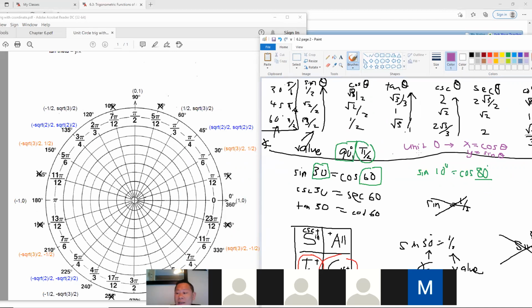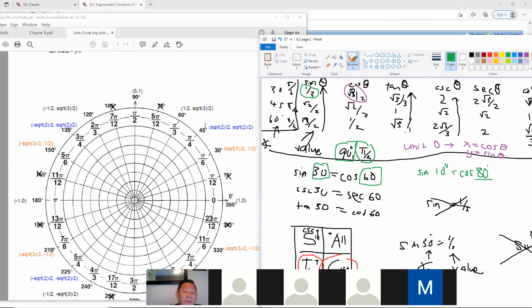The x value is always cosine. If you look at this table, cosine 30 degrees is √3/2, so that's why √3/2 is on here. And the y value is your sine theta, which is 1/2. So the 30 degrees here is √3/2 and 1/2.